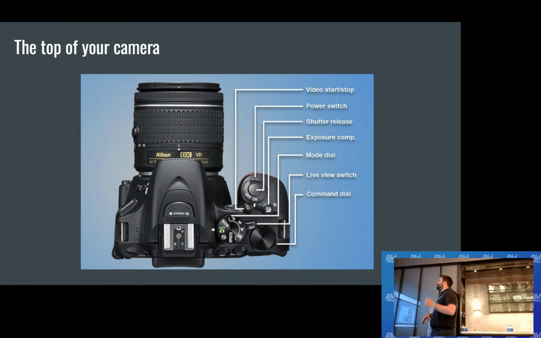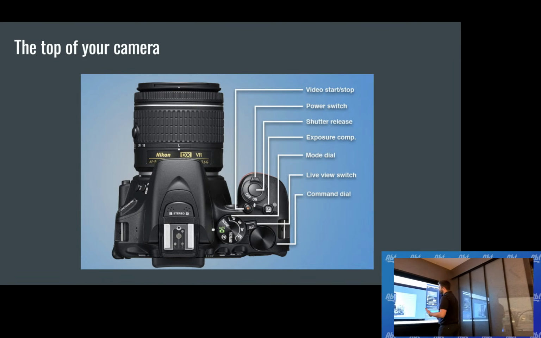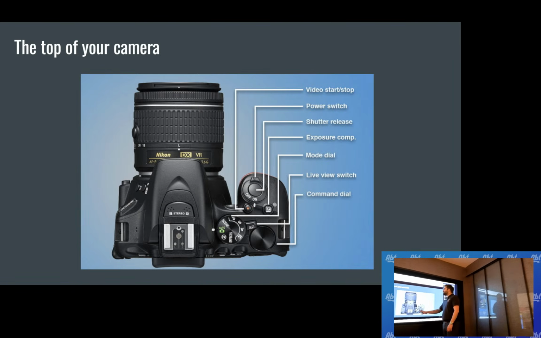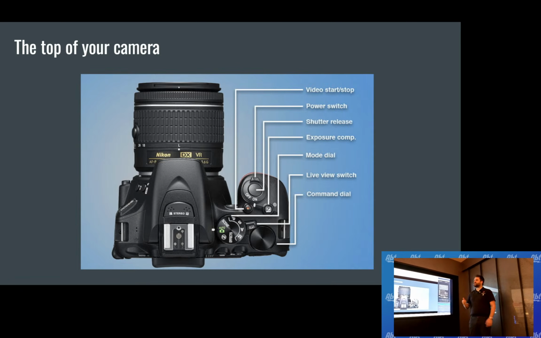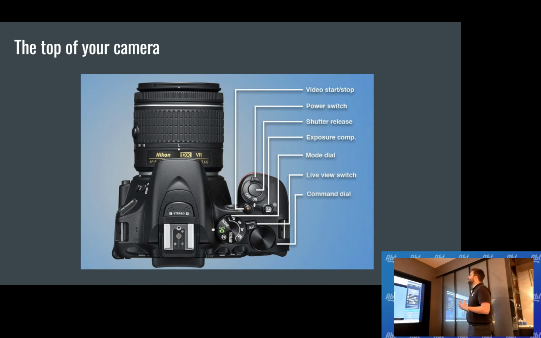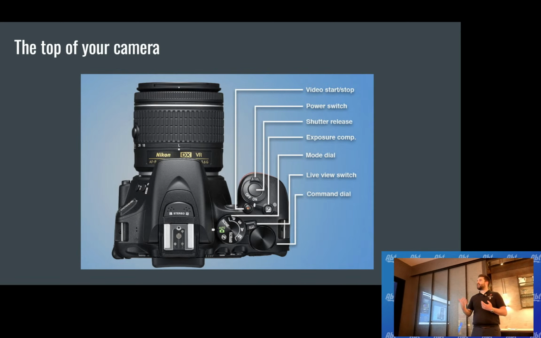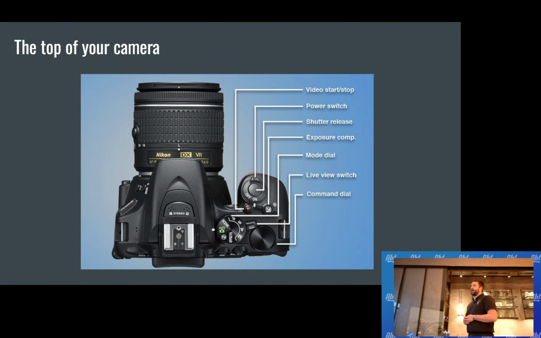The LV switch or live view switch has changed over the years. This button used to be specifically for DSLRs. You would press this button or flip this switch and it would then turn on the LCD screen. However, nowadays that's not necessarily the case. If you have a mirrorless camera, you might see a display button somewhere on your camera.